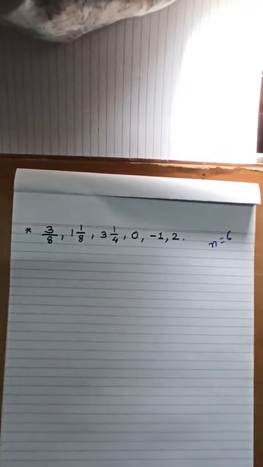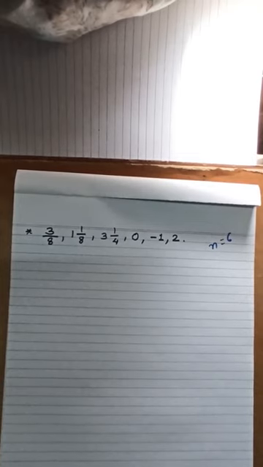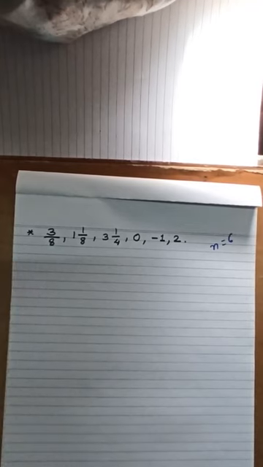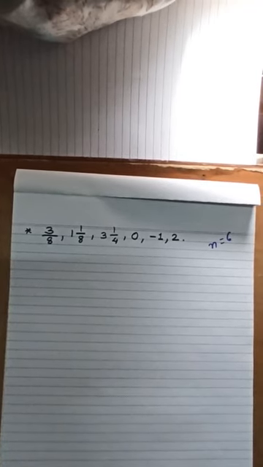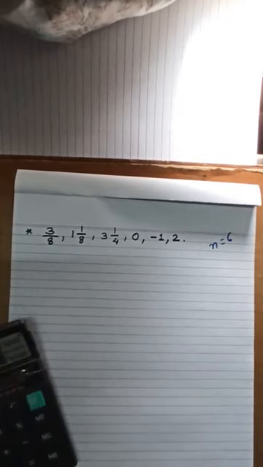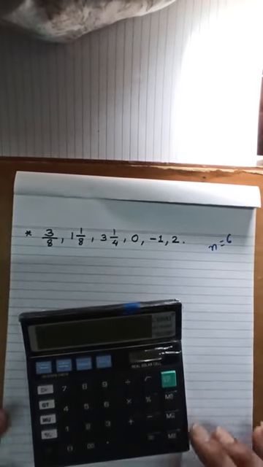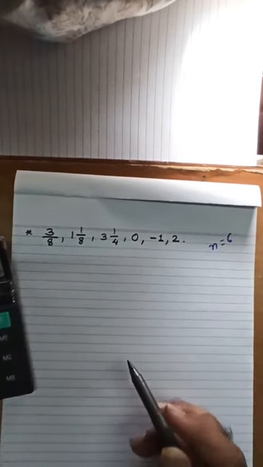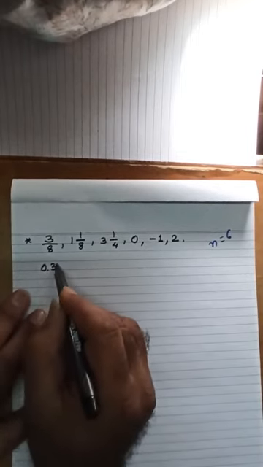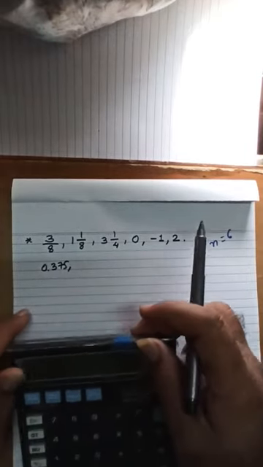First of all, as per our rule, we have to arrange them in ascending order. But before that, we will simplify this. 3 upon 8 is a little bit complicated, but now we have a calculator. So 3 divided by 8, it is 0.375. Now 1 and 1/8.